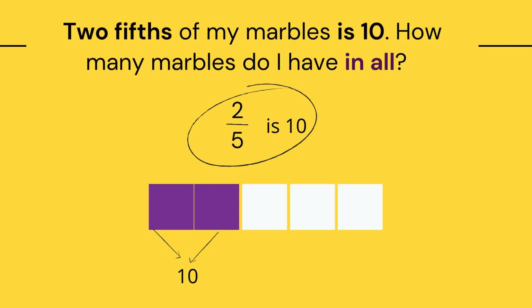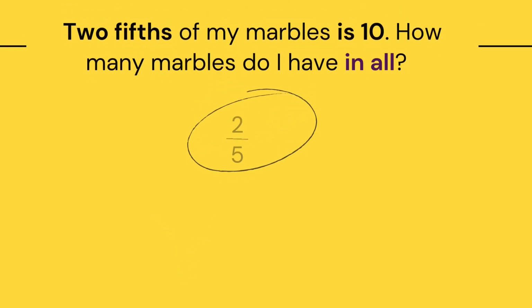Now, is there another method that we can use? We made a group of 10, a second group of 10, and then we had 5 left. But what if I wanted to do something else? What if I wanted to find out for one part?